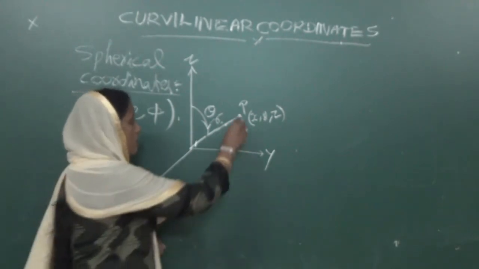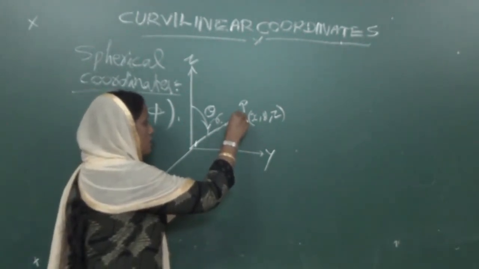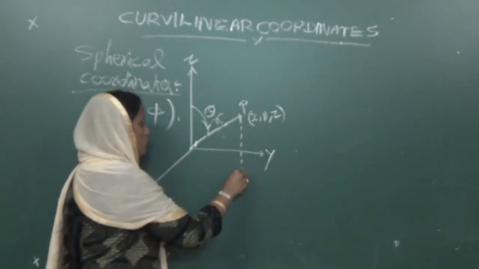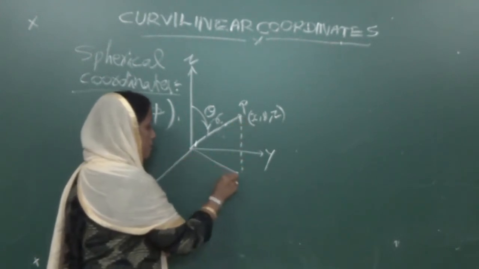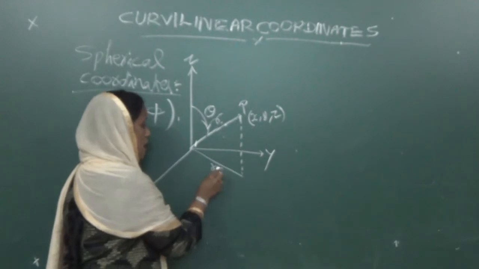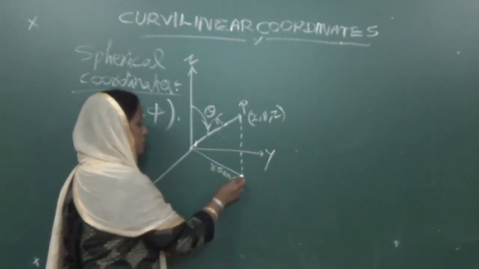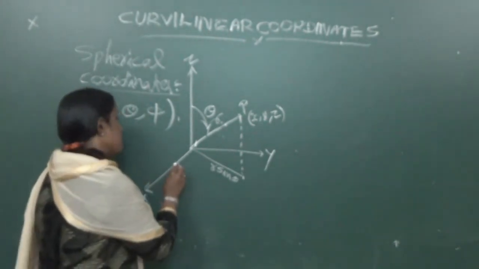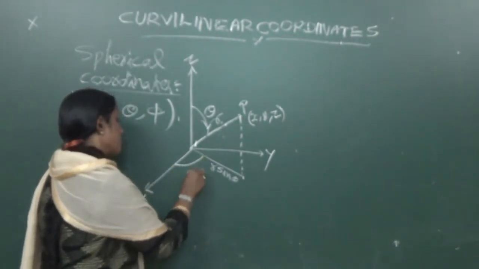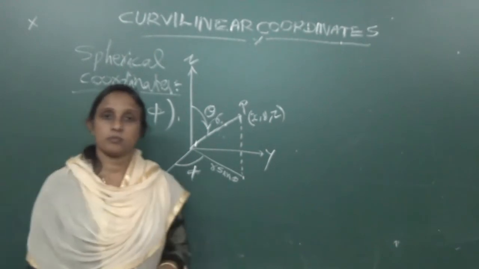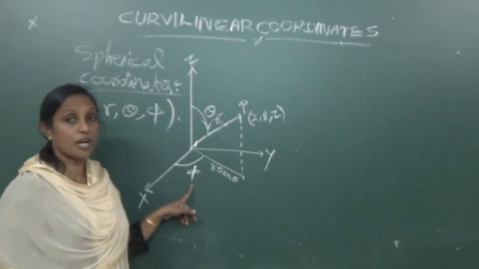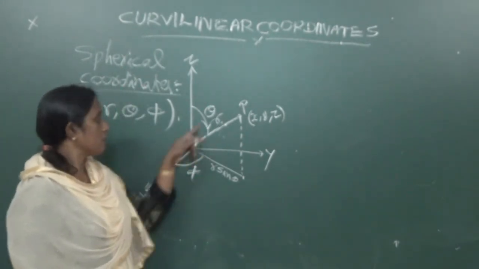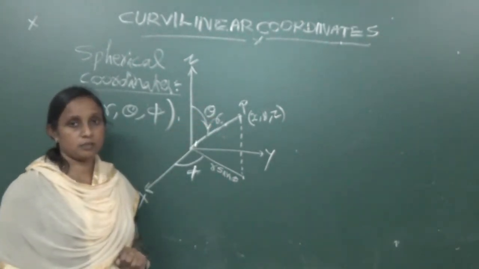Here we can just project this vector onto this plane. This is r sine theta. Then this angle is called phi, the azimuth angle. This is called the polar angle.